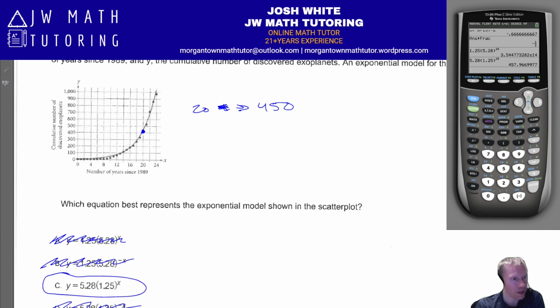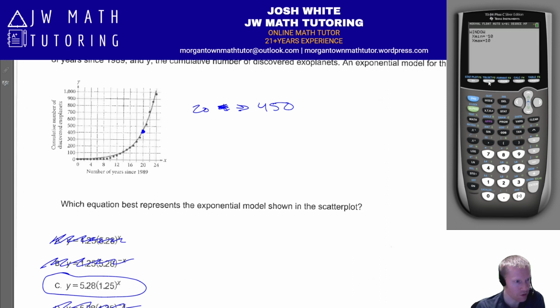An alternate way you could do this is to graph out the functions. I'm only going to do answer choice C, just to show you what it looks like. Notice it goes from 0 to 24 in the x, but the y-axis is from basically 0 to 1,000.